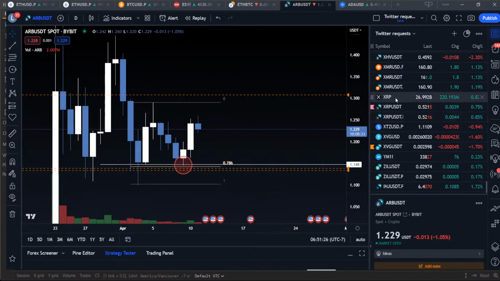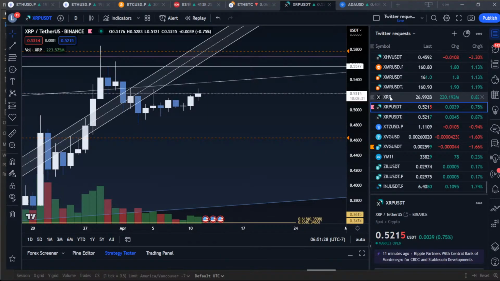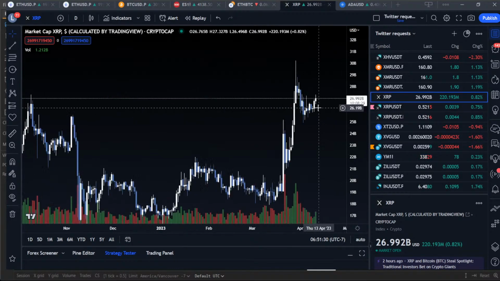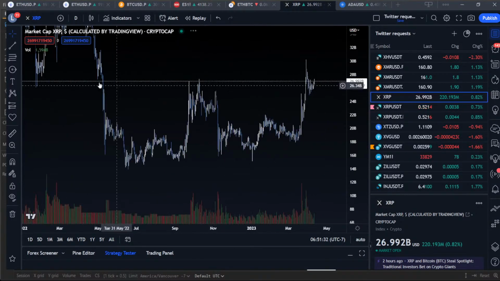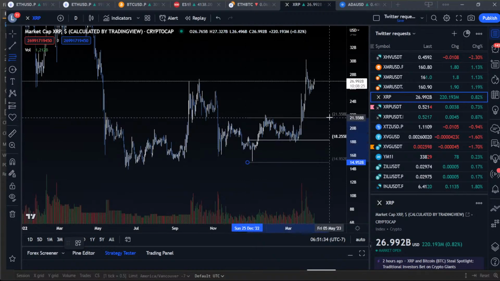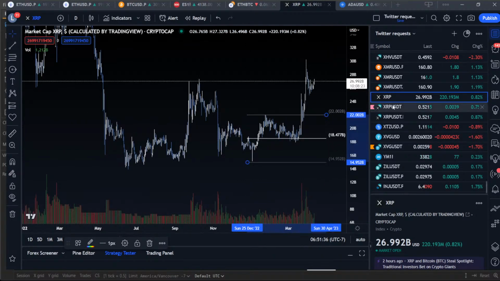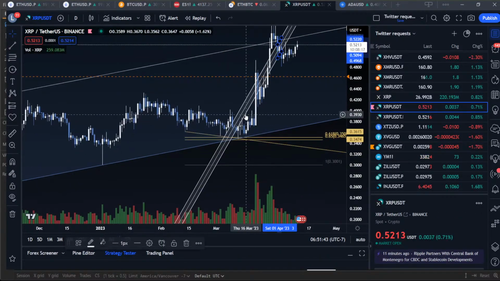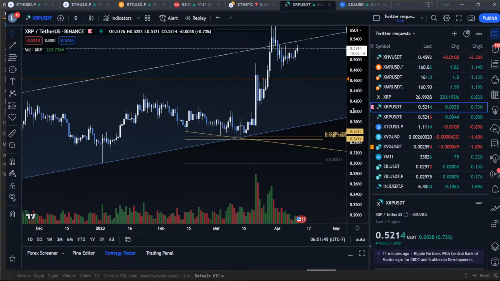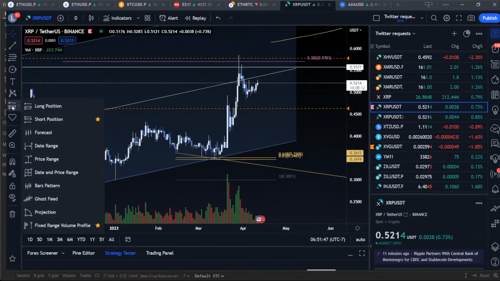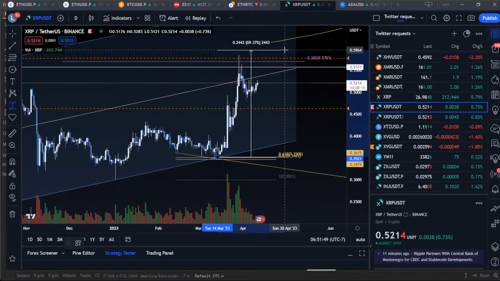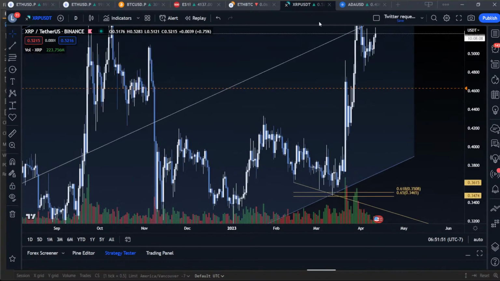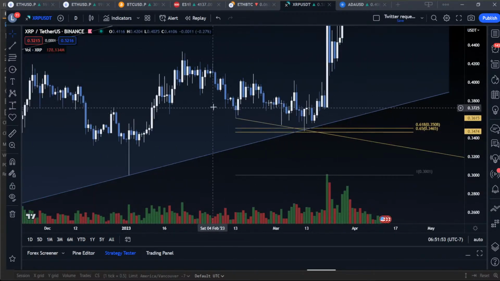I prefer to have my longs from the lows, right? So this was the long I took on XRP before this 70% move up. And down here, this was a really clean technical idea longing right here.